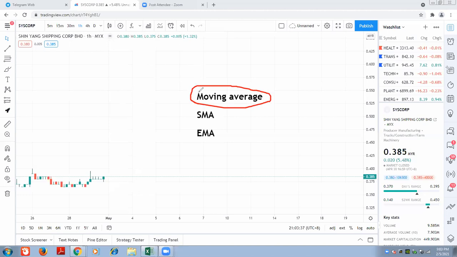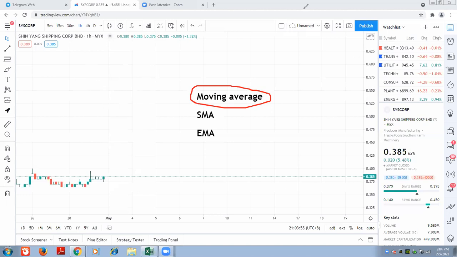So the moving average is actually being used overall. I think most of you have already seen in the chart that the moving average is a line that passes through the candles.